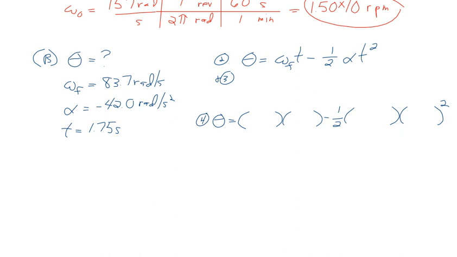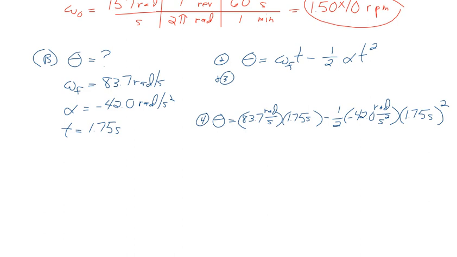So this is going to be 83.7 radians per second, 1.75 seconds, and then the alpha is negative 42 radians per second squared.